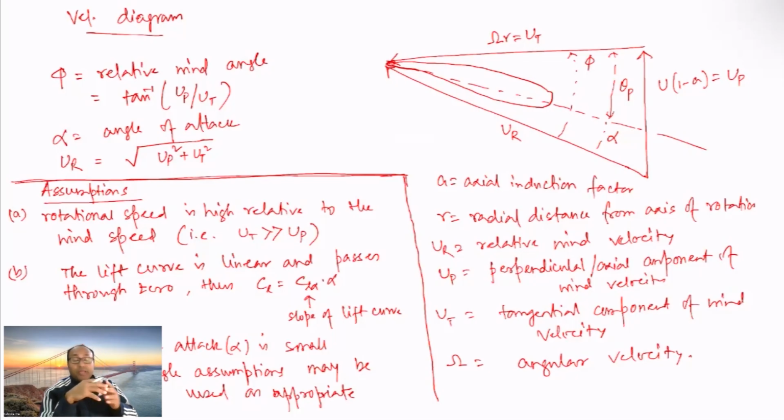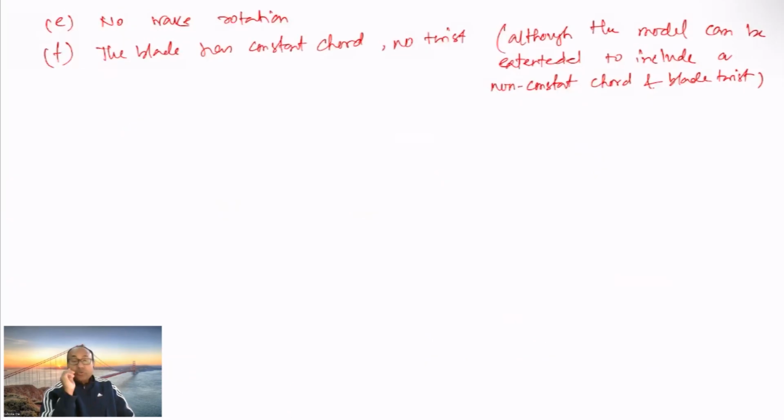So as listed out here, the UT would be much higher than UP. That means the tangential component of the wind is much higher than the axial component. Lift curve is linear, so that CL could be integrated as the CL alpha into alpha. Then the alpha is small. We have small angle approximations so that we could use that. There is no wake rotation.